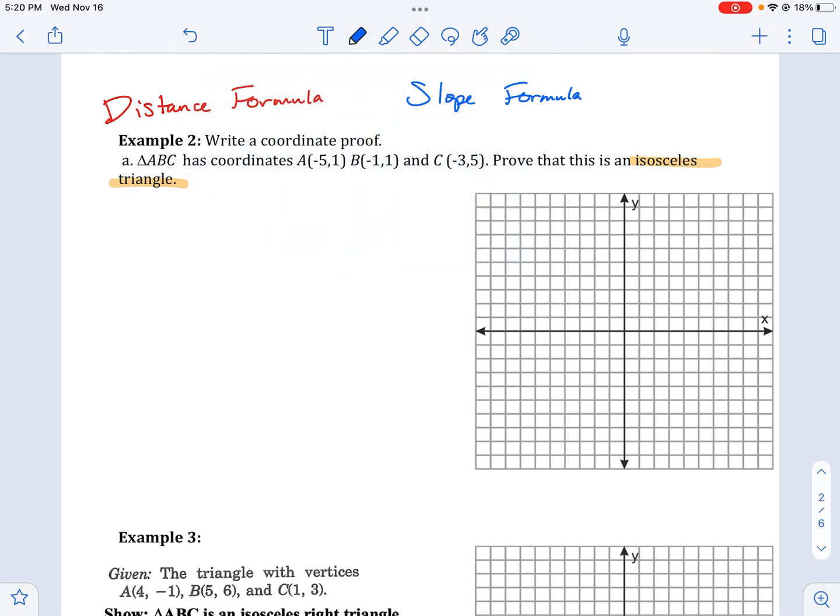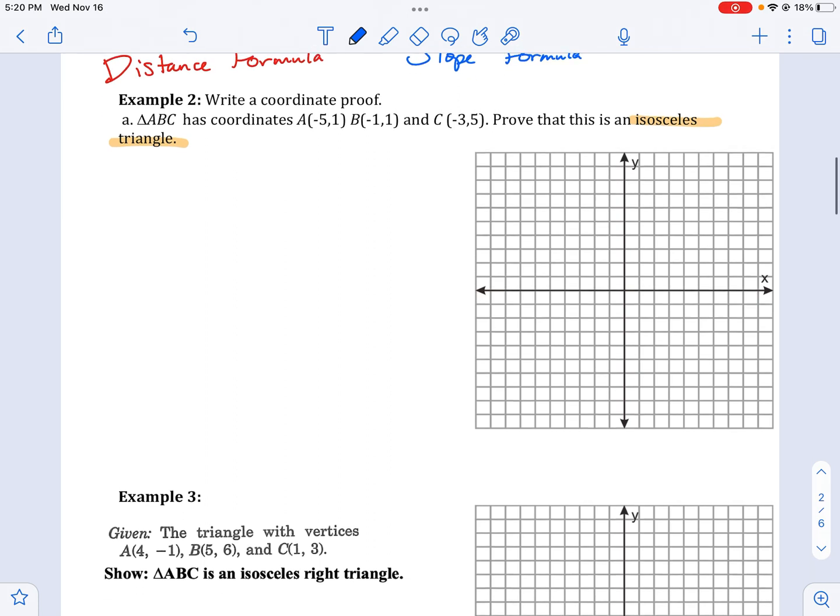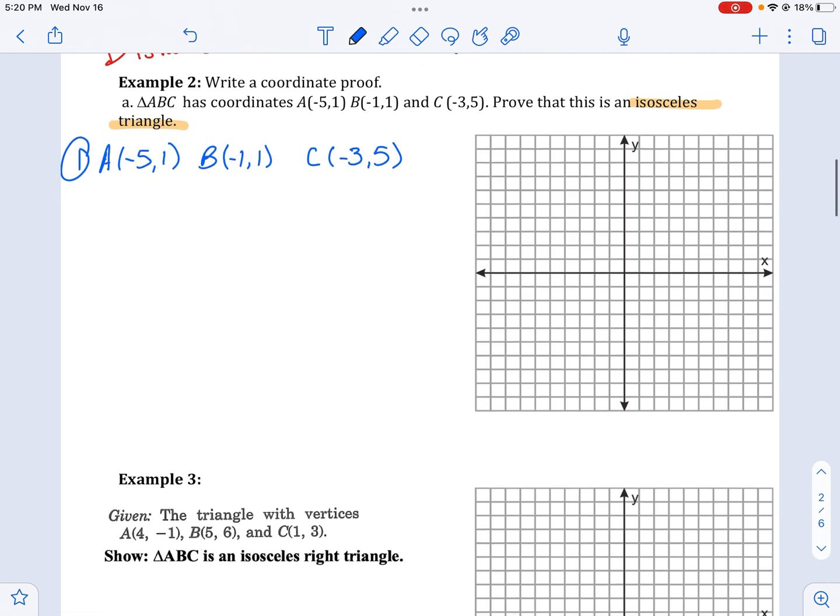I'll start with the information that was given to me: A is -5, 1. B is -1, 1. And C is -3, 5.